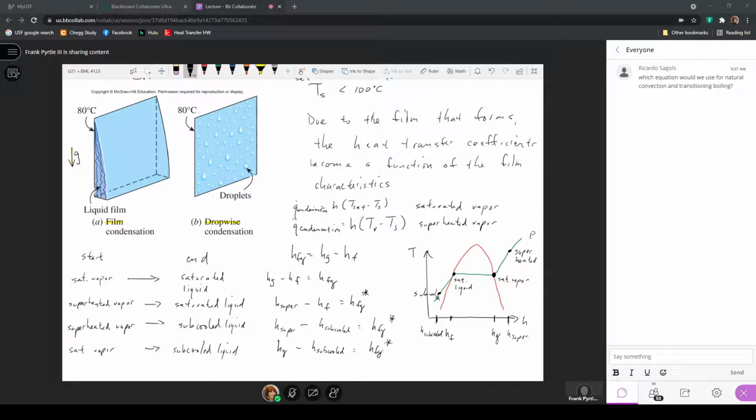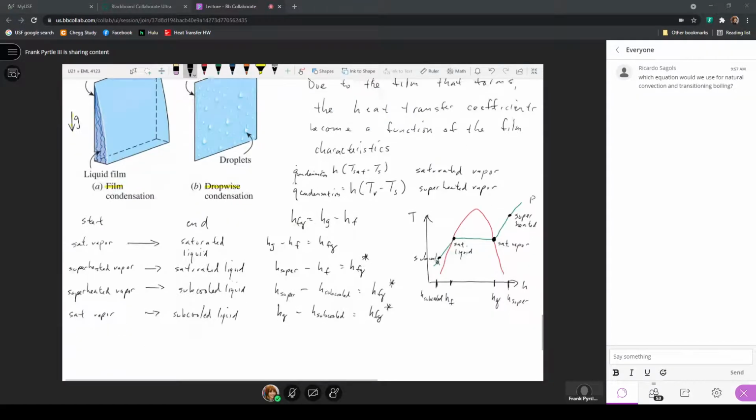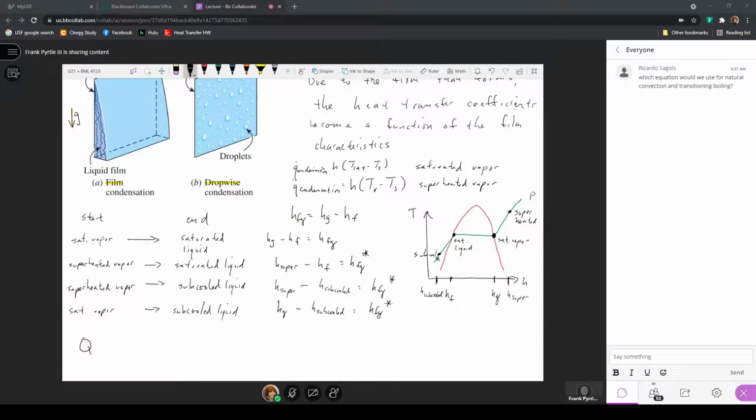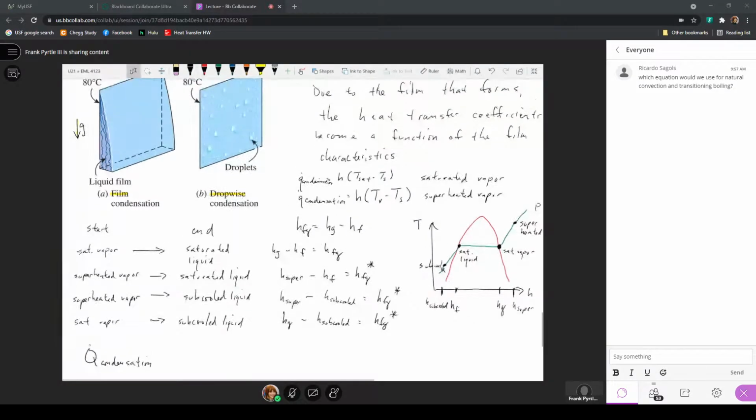And the reason we define this is let's say we were considering the rate at which we are producing condensation. So if I have a heat transfer rate defined for condensation, which is going to be that rate at which heat moves from the vapor, where it could be saturated vapor or superheated vapor, into a surface where condensation is occurring.